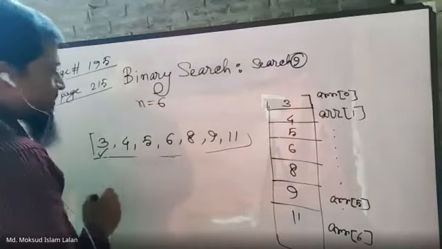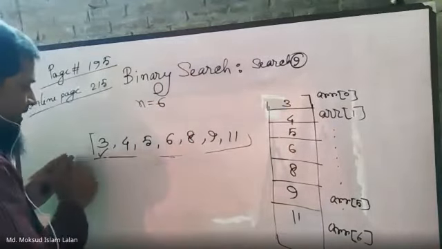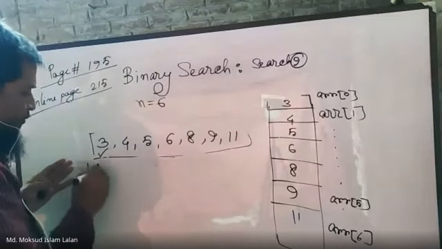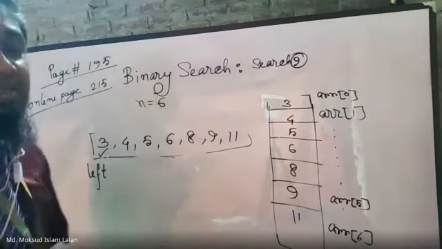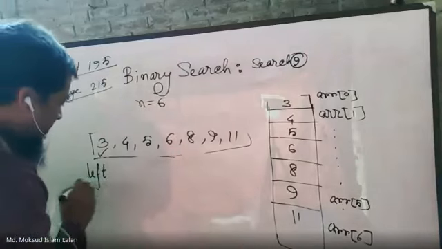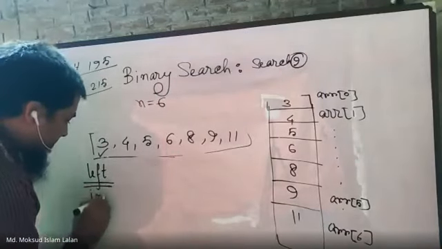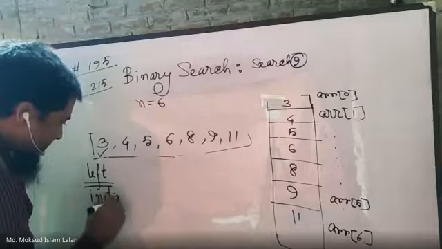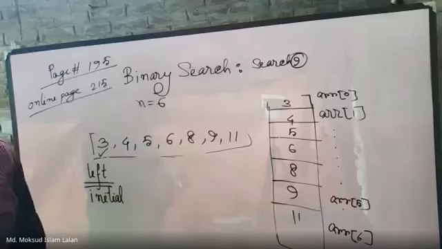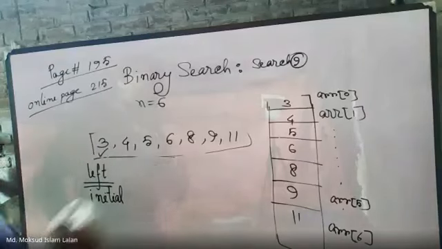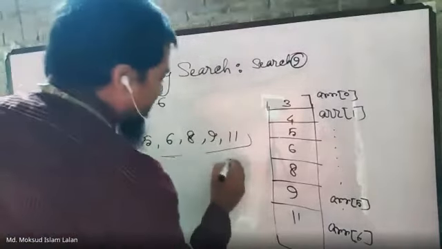So here, this side is left side, right? Yes, sir. According to your book, this is called left, I mean initial. Left means initial value.